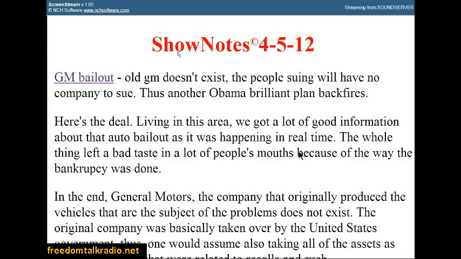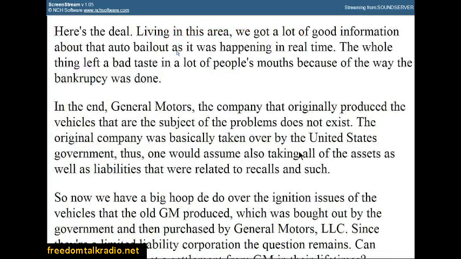In the end, General Motors, the company that originally produced the vehicles that are the subject of the current problems, no longer exists. The original company was basically taken over by the United States government. That's why everybody was calling it Government Motors. Thus, one would assume they also took on all of the assets as well as the liabilities related to recalls and such.